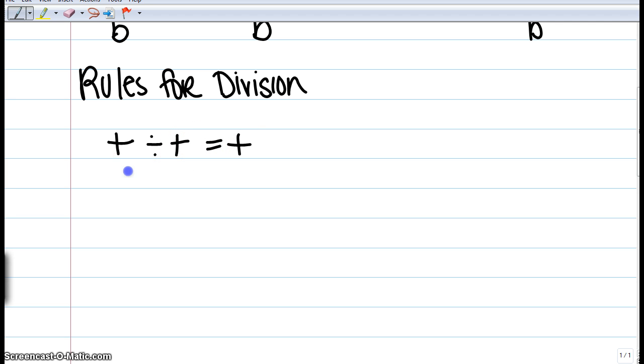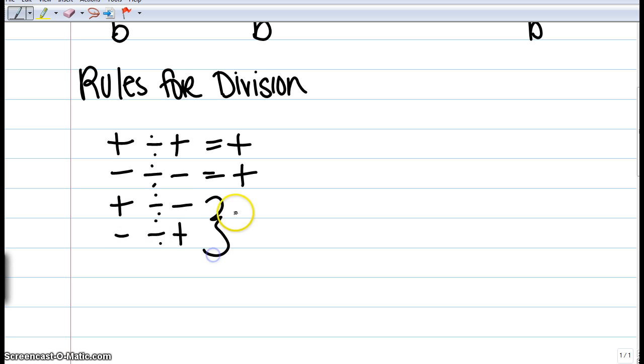If you have a negative divided by a negative, you also have a positive. And if you have a positive divided by a negative or a negative divided by a positive, you will have, for both of these, negative. So those are your rules for division, which I'm sure that you remember from Algebra 1.